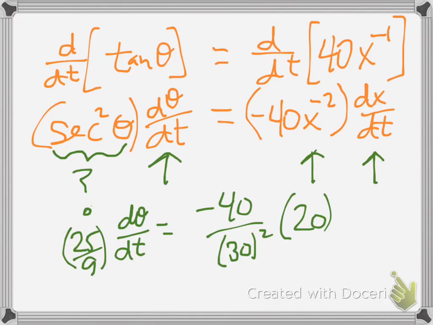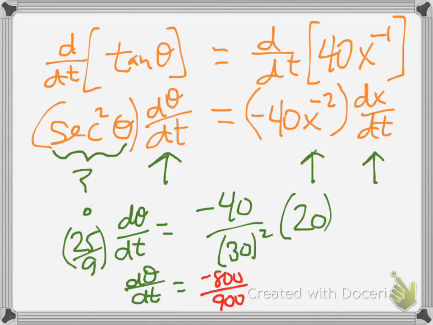Now it's just basic algebra to solve for dθ/dt, so what do we get here? We're going to get -800 when I multiply the 20 and the -40. 900 on the bottom, where of course we're going to cancel zeros.